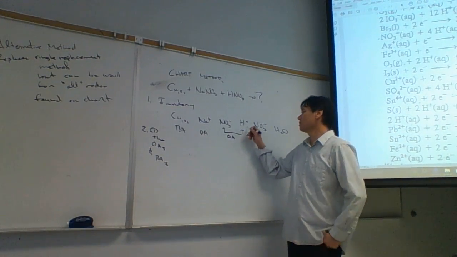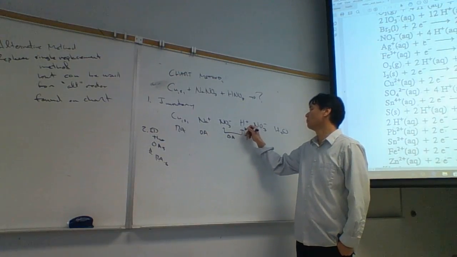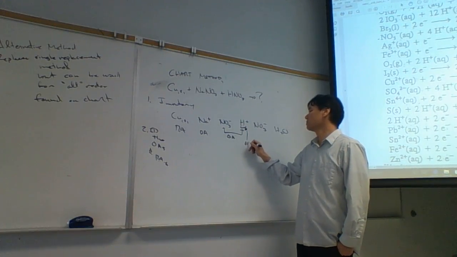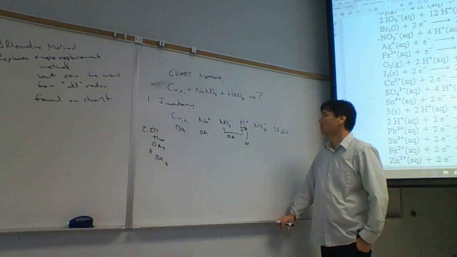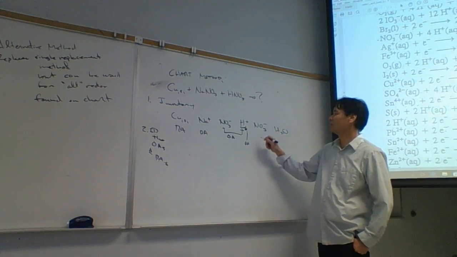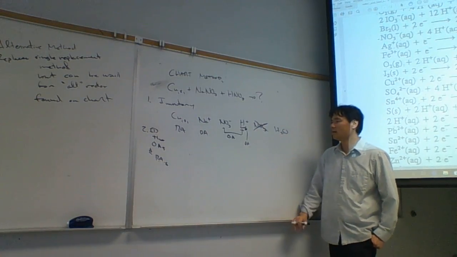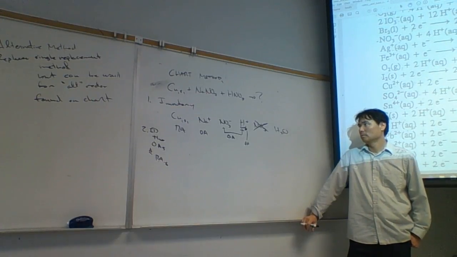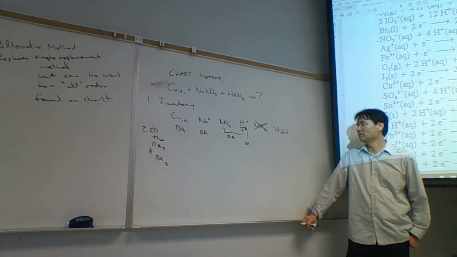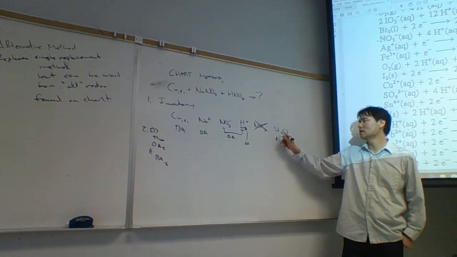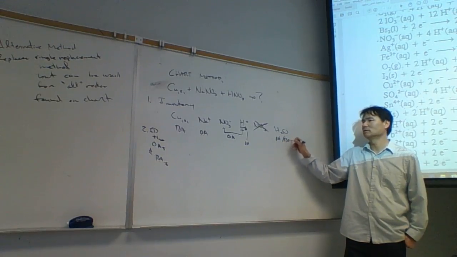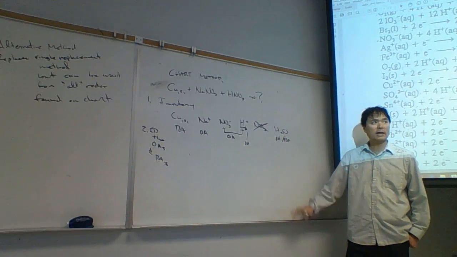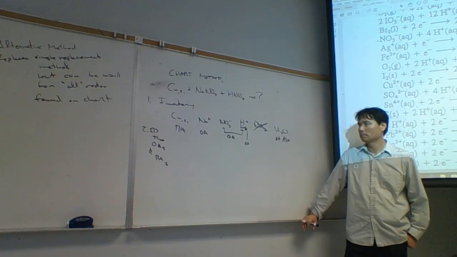And so H+ alone is an oxidizer as well. I don't need to write nitrate twice. And then I have water, which is an oxidizer and a reducer. And so this is my inventory here.